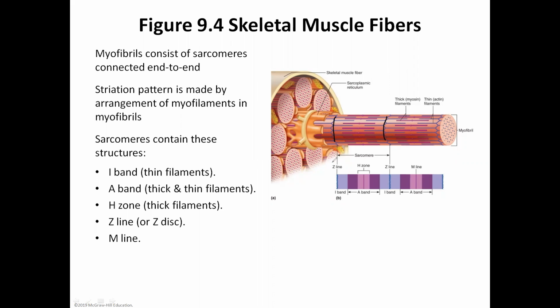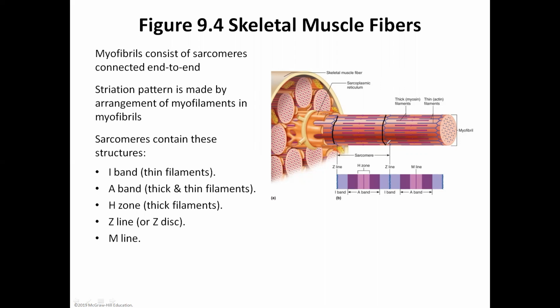And what's going to happen is when skeletal muscle contracts, these are going to shorten. And that's why it kind of looks like corduroy pants. And again, this is what's so important when it comes to the actual shortening of muscle. So within this sarcomere, I do want you to know, if I was to show you a picture, I want you to be able to identify these parts. So again, this line here is a Z line. This line here is a Z line.